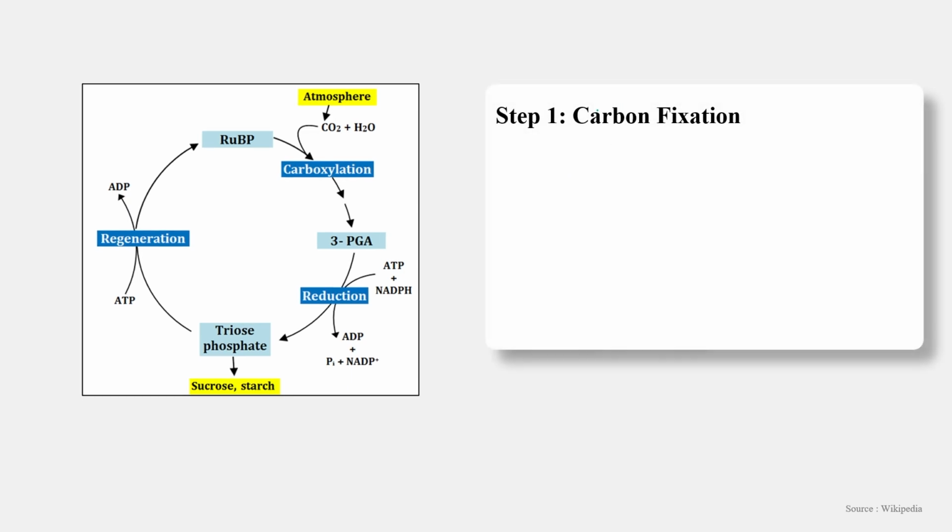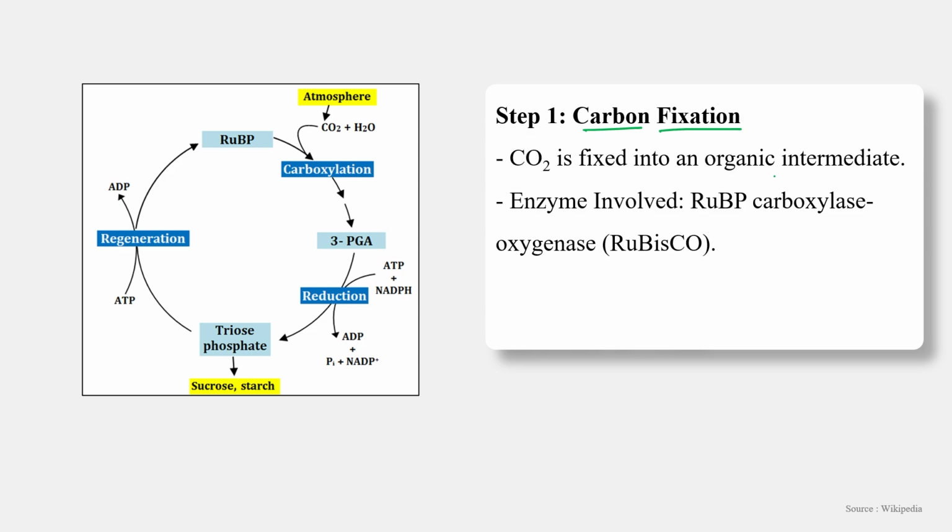So the first step is carboxylation, or carbon fixation. What is the first step? Carbon fixation. Carbon dioxide from the atmosphere is fixed into an organic intermediate. For this fixation, an enzyme is involved. What is the name of the enzyme? Rubisco, ribulose bisphosphate carboxylase oxygenase.